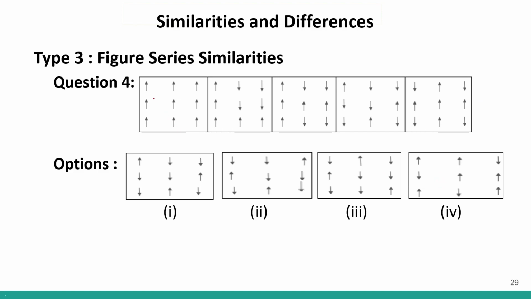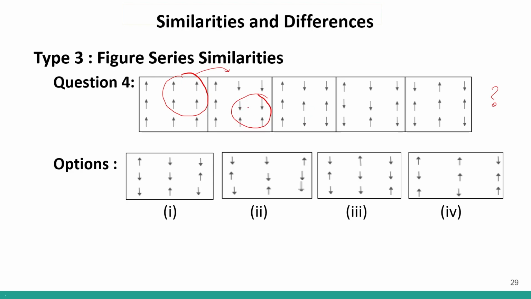Now, in this question, we have to find the next element. From this series to this series, I can see that these 4 arrows have been inverted. From this series to this series, these 4 arrows have been inverted.